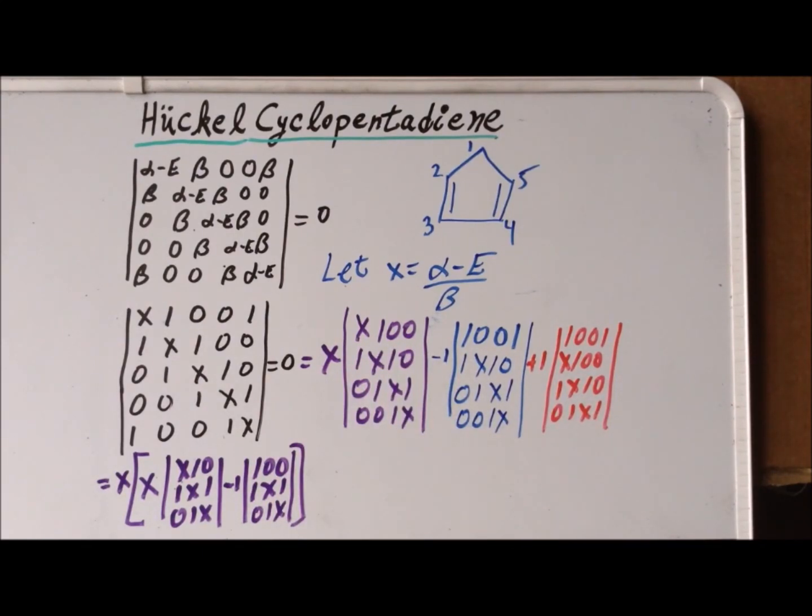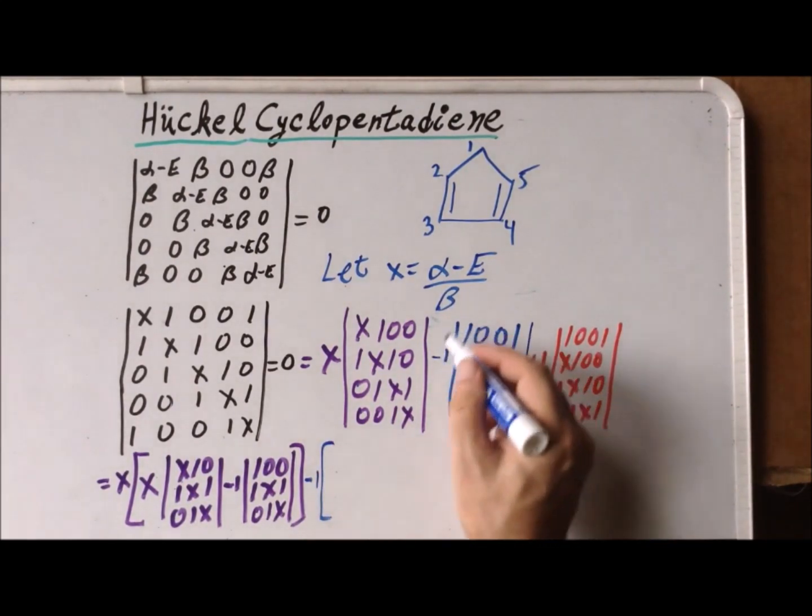For the next 4 by 4 determinant, we will show that in blue. Our first coefficient is going to be a positive 1.